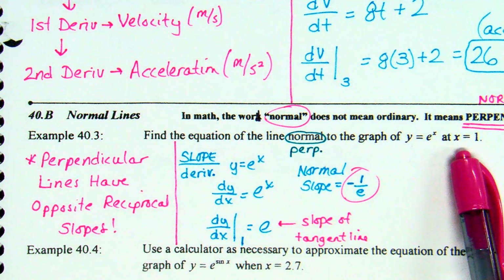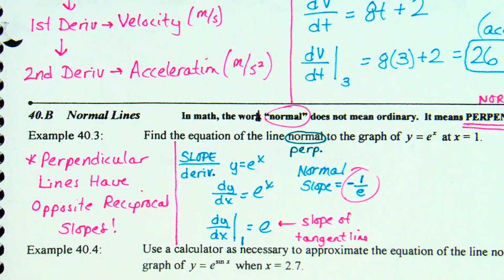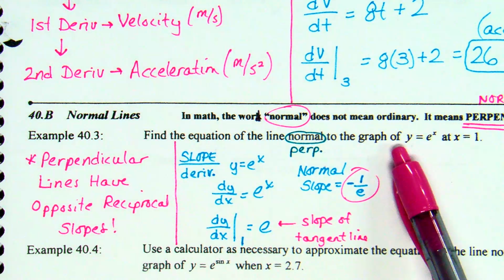We have x equals 1 given here, yes? We're trying to look for this equation at the point x equals 1. 1 comma what? How do we find the other half of that point? We're going to plug it into the original equation.